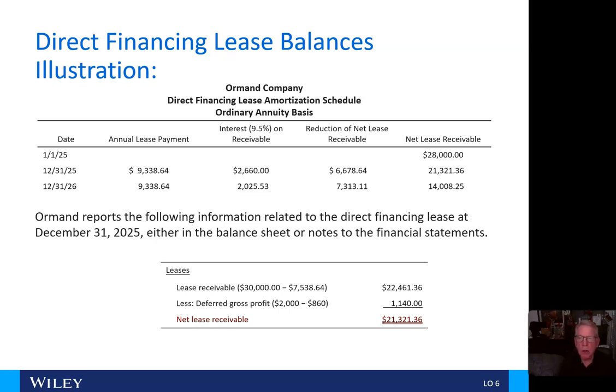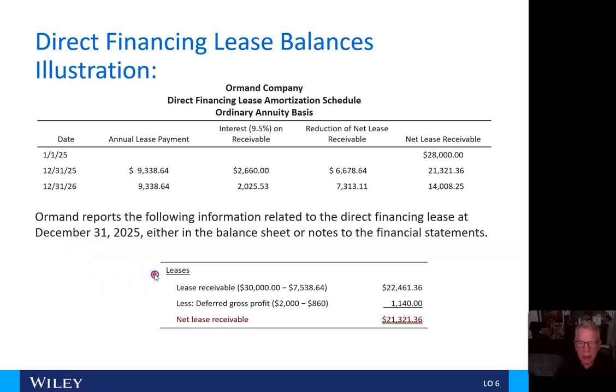Now, if we take a look at the lease amortization schedule here, under a direct financing lease, Armand is going to report the following information related to the direct financing lease at December 31, 2025, either in the balance sheet or notes to the financial statements.